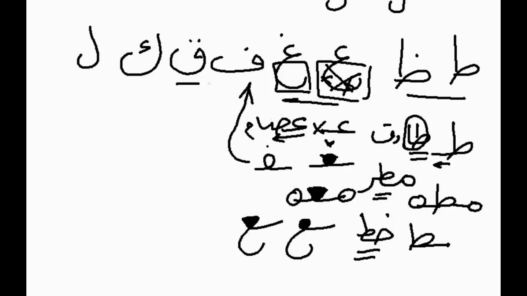Now fa and qaf, although they're different in shape, height and length, change the same way at the beginning, in the middle, and at the end of the word. So fa will be like this in the middle, just similar to qaf.